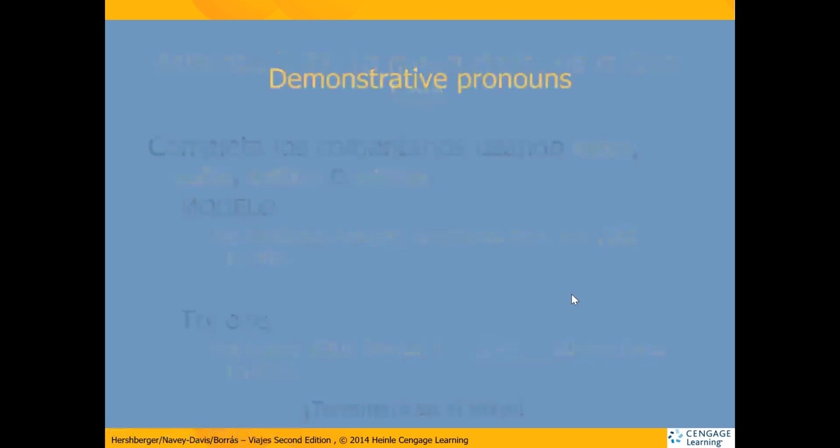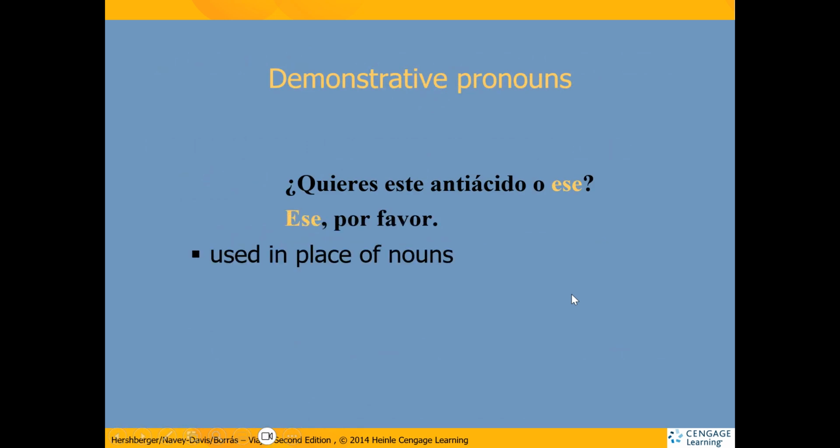Now, let's look at the neuter. Let's see if this one, oh, it's not showing us the neuters yet. But here is antiácido. The noun is masculine now, so it changed to ese. Notice it's not eso, it's ese. Ese, just like este. Okay, now in this case, it's not talking about this. In English, it says, do you want this antacid or that one?